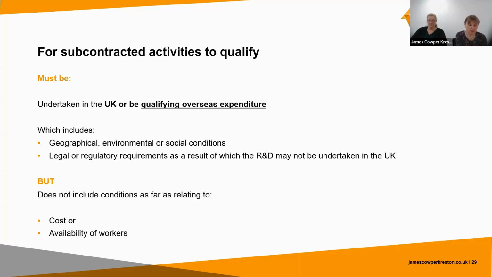And HMRC recently, in February 2024, issued some draft guidance on looking at what this sort of thing means. And one of the things they said about looking to see whether the activity is undertaken in the UK is the company needs to take reasonable care as to where the R&D activity takes place. So you might have to check with your suppliers where the activity is being done.